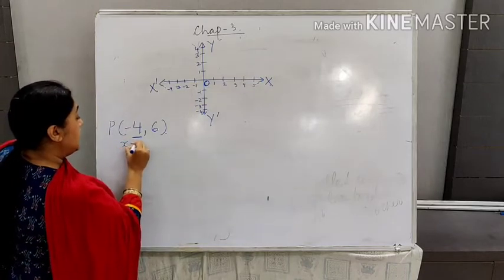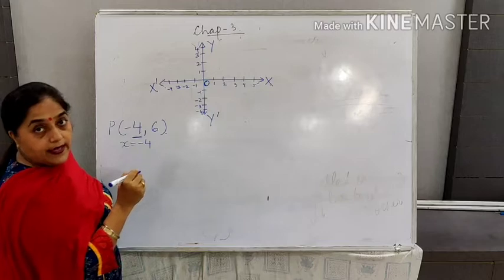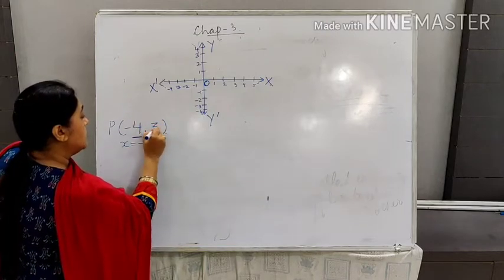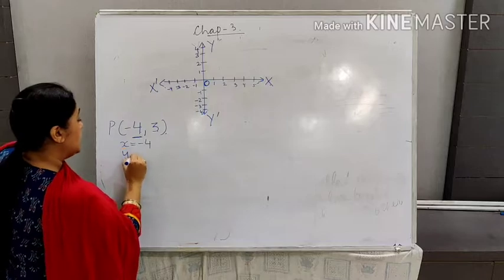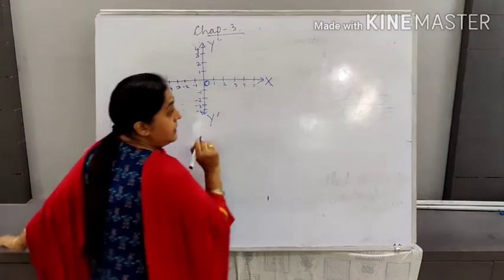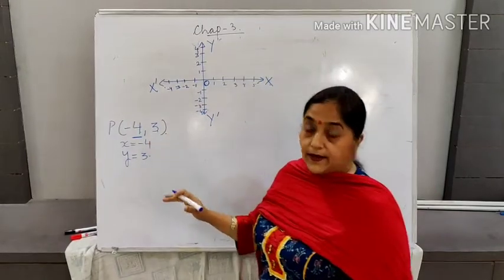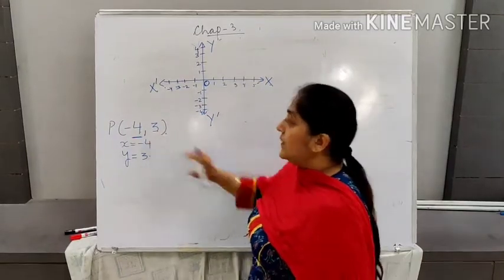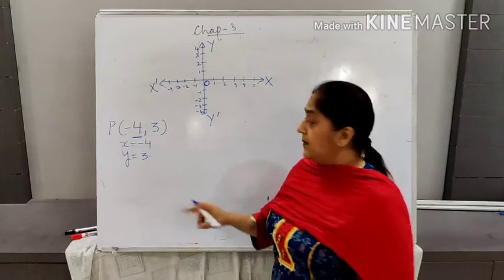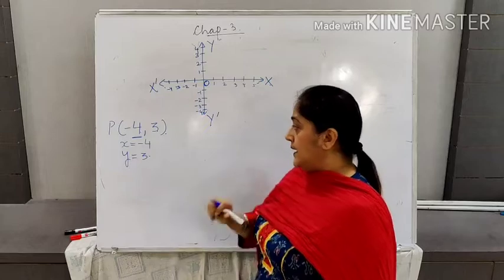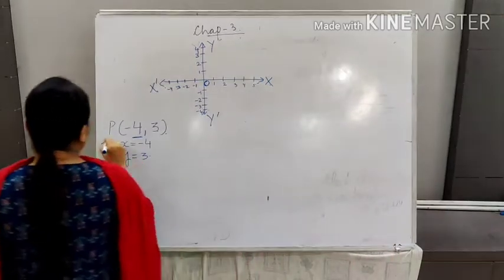And first point gives the value of x, and my second point, -4, 3 लेते हैं, तो y is equal to 3. There are many things, by just looking into it, you can get it. Now -4, 3 means, first of all, my x is -4 and my y is 3. First thing it is telling this.